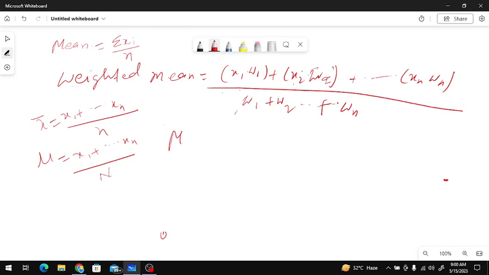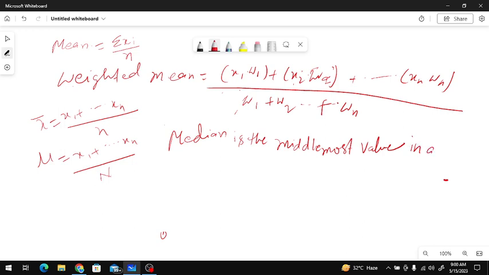So the median is the middlemost value in the set of ordered values, because ascending and descending order is the most important.